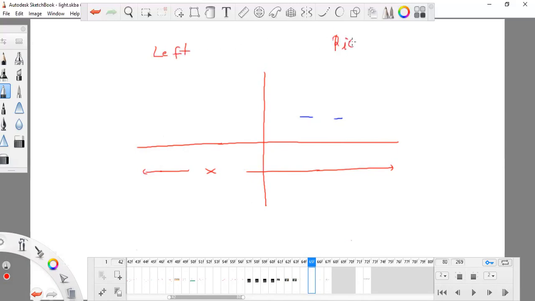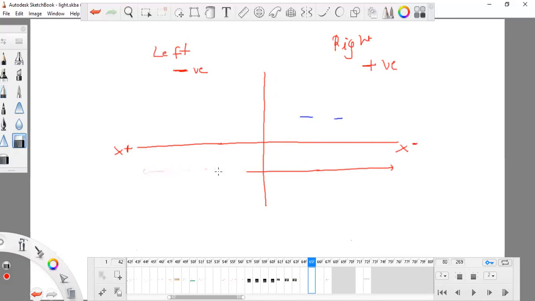Anything which comes on the left side should be measured as negative, and everything on the right side should be measured as positive. So on this side the x-axis is x positive, and on this side the x-axis is x negative.